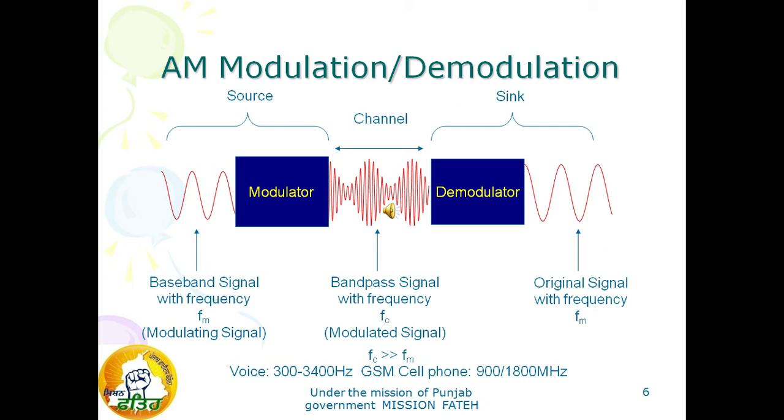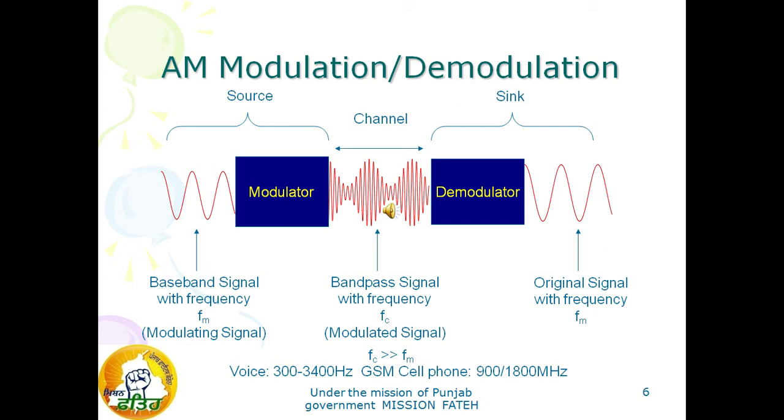This is the bandwidth of the telephone signal for transmitting the voice signal. This low frequency signal or modulating signal and high frequency signal or carrier signal are applied to the input of the modulator. Modulator is also called the transmitter.